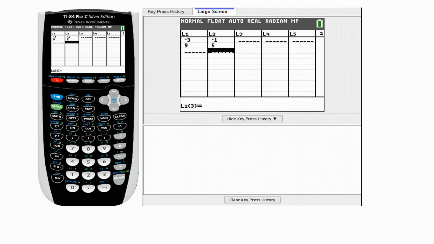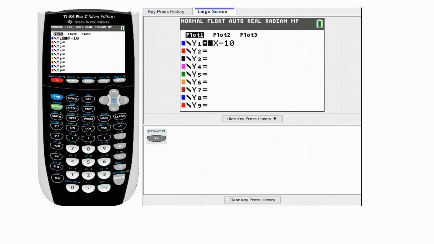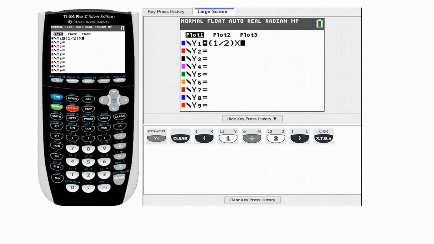So now I'm going to go to Y equals, and I'm going to clear, and then type in my line: parentheses, 1 divided by 2 for 1/2, close parentheses, x plus parentheses 1 divided by 2 for the y-intercept. And you can use 0.5.